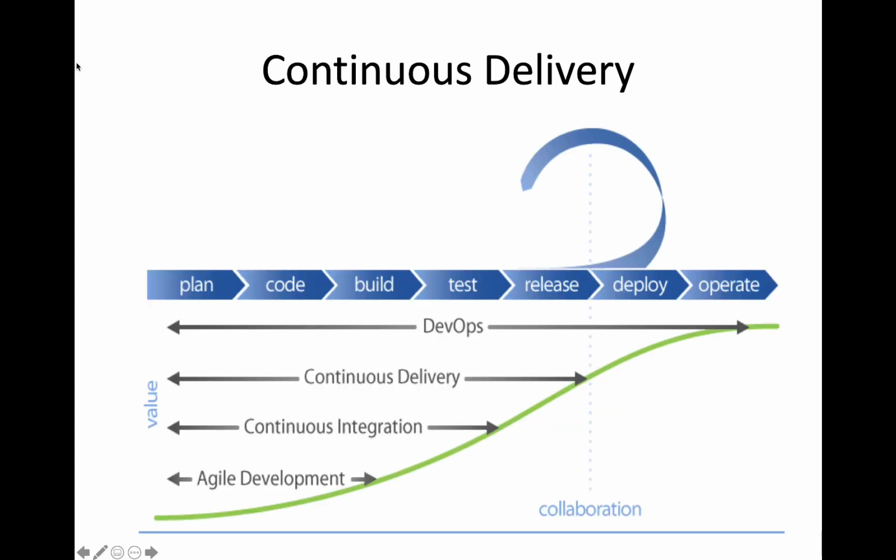Here's a diagram showing how continuous delivery is associated with other practices like continuous integration and agile software development. Oftentimes you'll see companies talk about continuous integration and continuous delivery in the same sentence, and they'll call it CI/CD for short. The continuous integration process is primarily concerned with the initial building and deployment of code into the software delivery pipeline.